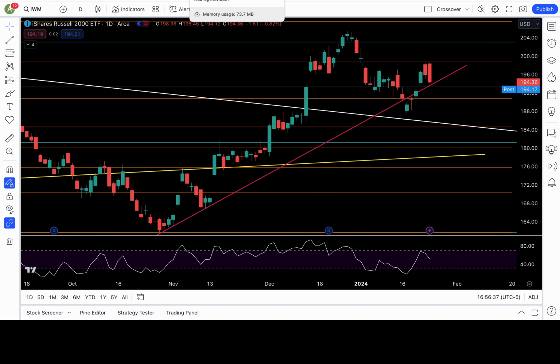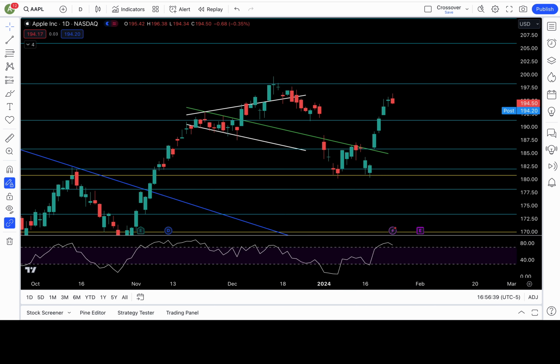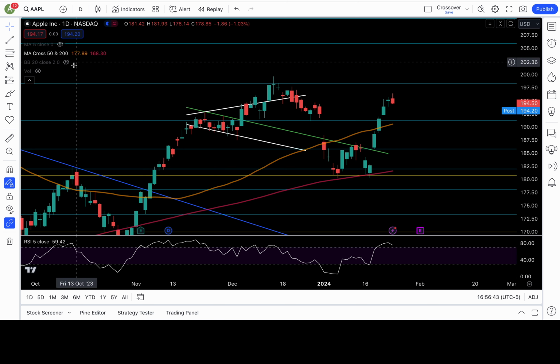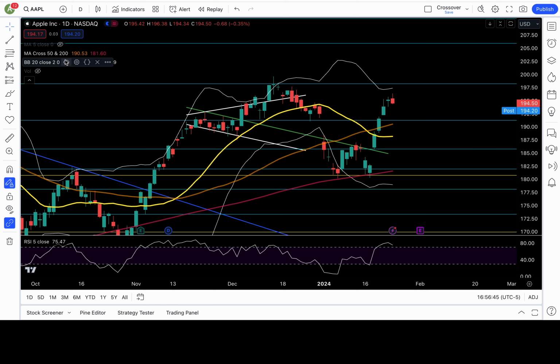Okay, here is Apple. I'm going to use some moving averages. Where's my moving average? Yep, okay. So the 20 crossed back below the 50. I tell you, it's looking interesting here.